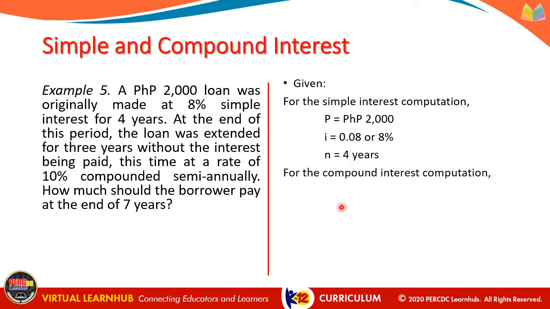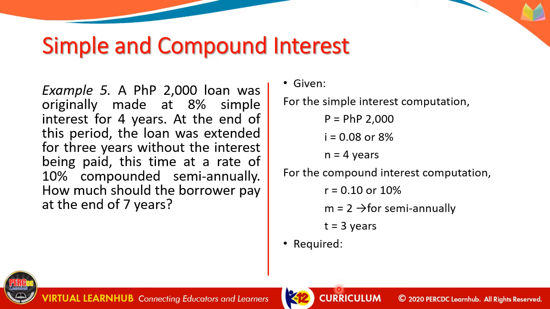Now for the compound interest computation, we have nominal rate R, 0.10 or 10%, and M equals 2 for semi-annually. Says here 10% compounded semi-annually. Okay? And T is equal to 3 years. For the compound interest computation, T is equal to 3 years. It says here the loan was extended for 3 years.